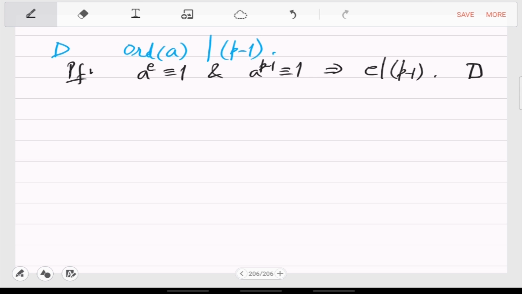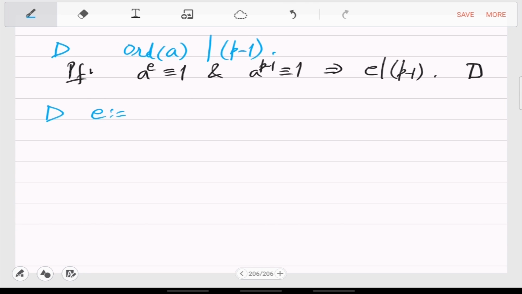Okay, one more property we need. Let's keep the notation.